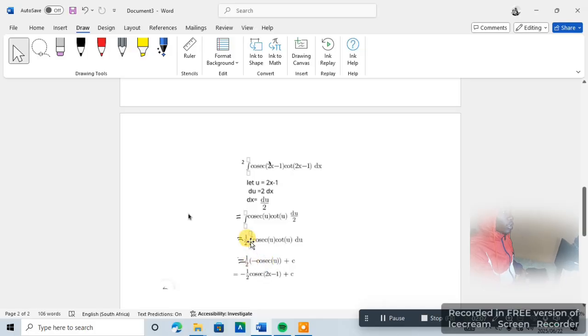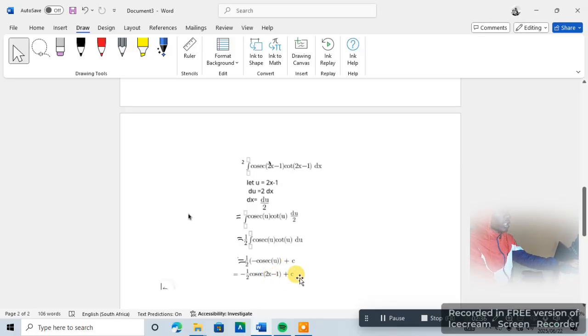So now we are going to have 1 over 2 open brackets, the integral of this will be equal to negative cosec u plus c. So we know that u is equal to 2x minus 1. Now we are reaching our final step. So we are going to take this negative out here. So we will be having negative 1 over 2 cosec of (2x minus 1) plus c.